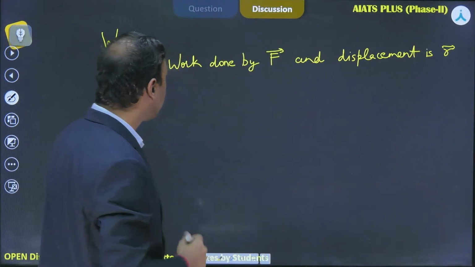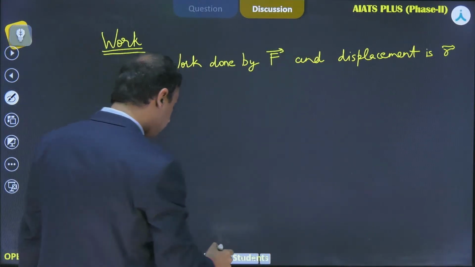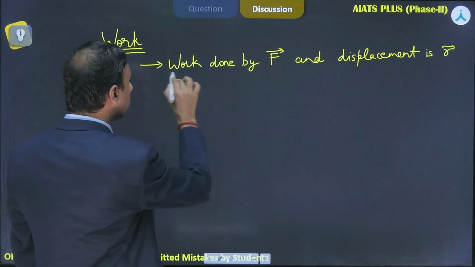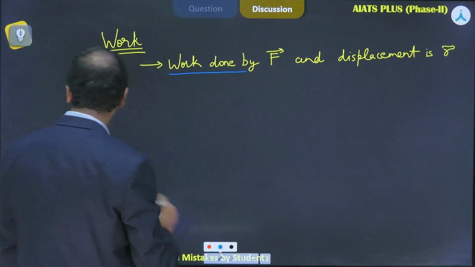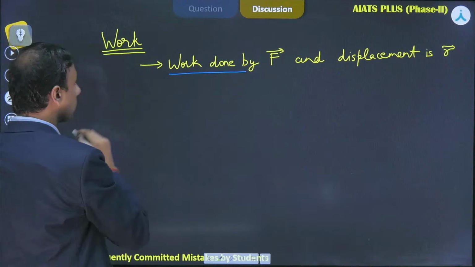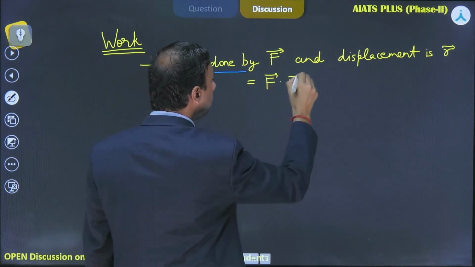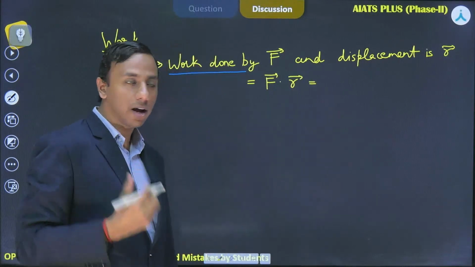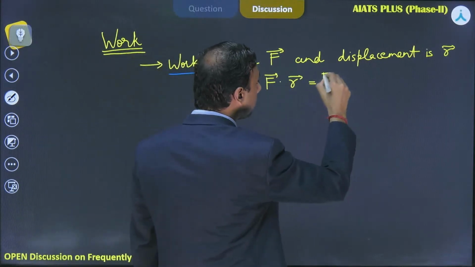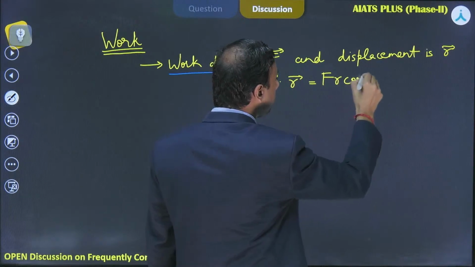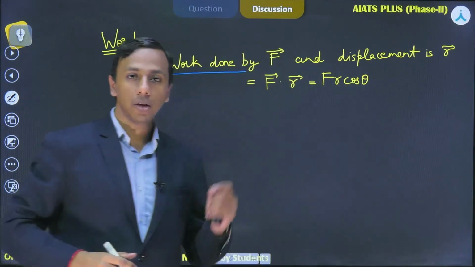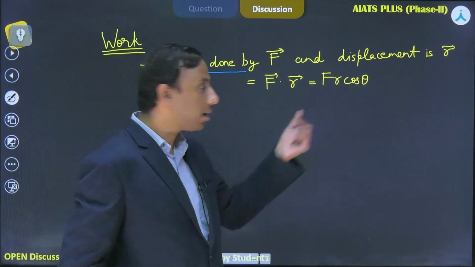So in that case, what will be this work done, right? So what will this work done be equal to? This work done will be simply the dot product of the two, right? F vector dot r vector, which becomes Fr cos theta, where theta is the angle between both vectors, F and R, okay?